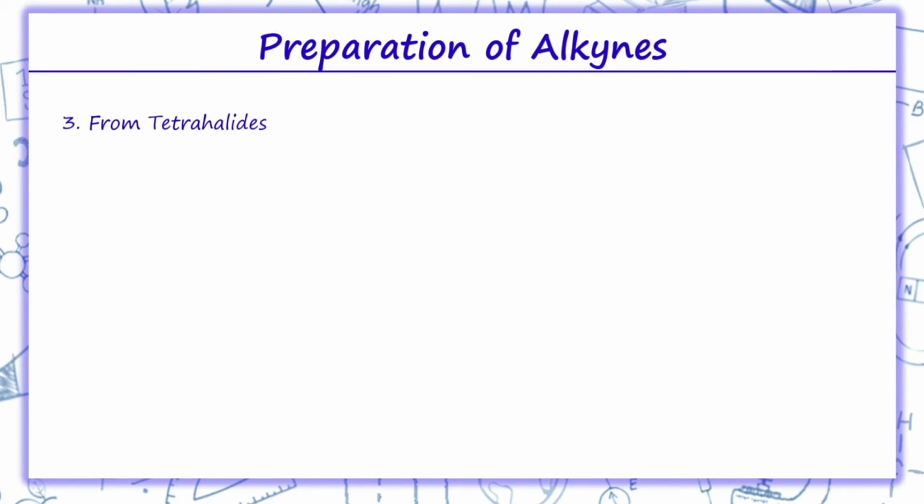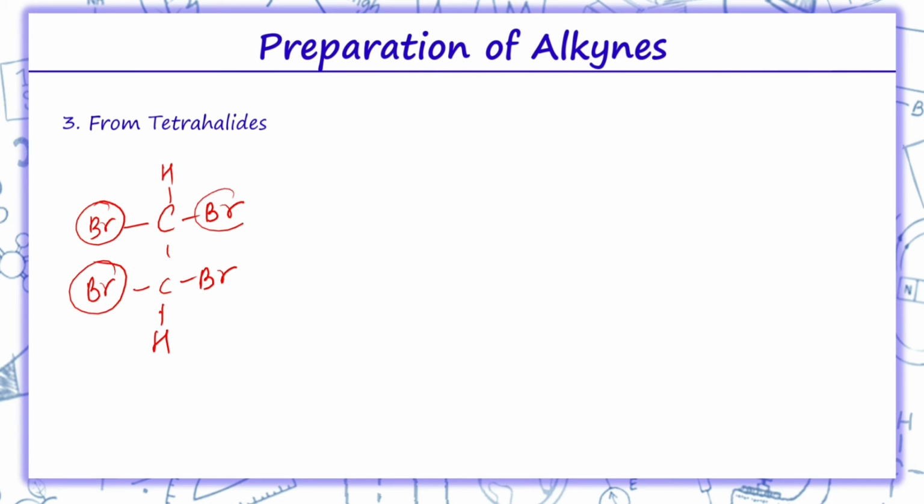Next preparation is from tetrahalides. From tetrahalides, alkynes can be prepared by the action of zinc. This is a tetrahalide like CHBr2, again CHBr2. Here these halogen groups will be removed and we will get CH triple bond CH.